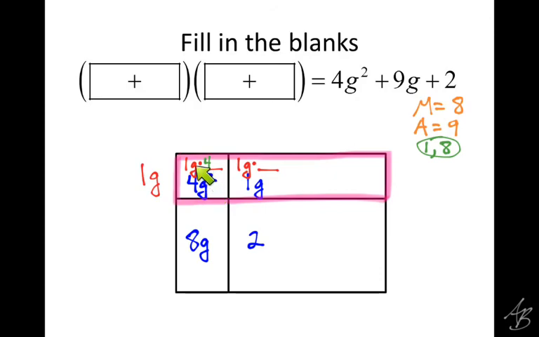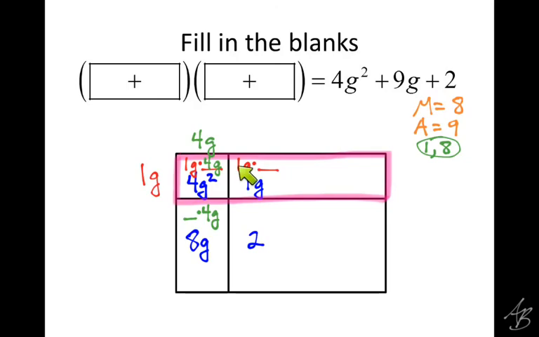We need another g here, so that when we multiply g times g, we get g squared. So that 4g is the width of this rectangle, which means it's also the width of the rectangle below it, right? So the width of this one is also going to be 4g.